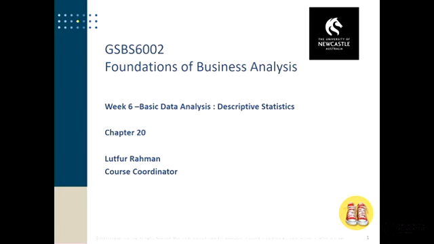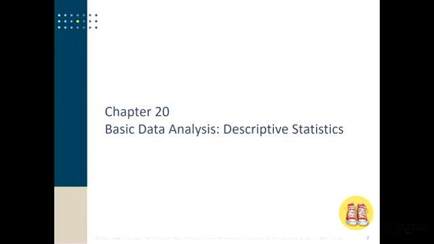Anyway, let's start today's lecture. Our topic is basic data analysis and descriptive statistics. We already had some preliminary ideas about descriptive statistics in the last class, so we will continue discussing this and also some additional points. This is chapter 20 of your textbook.